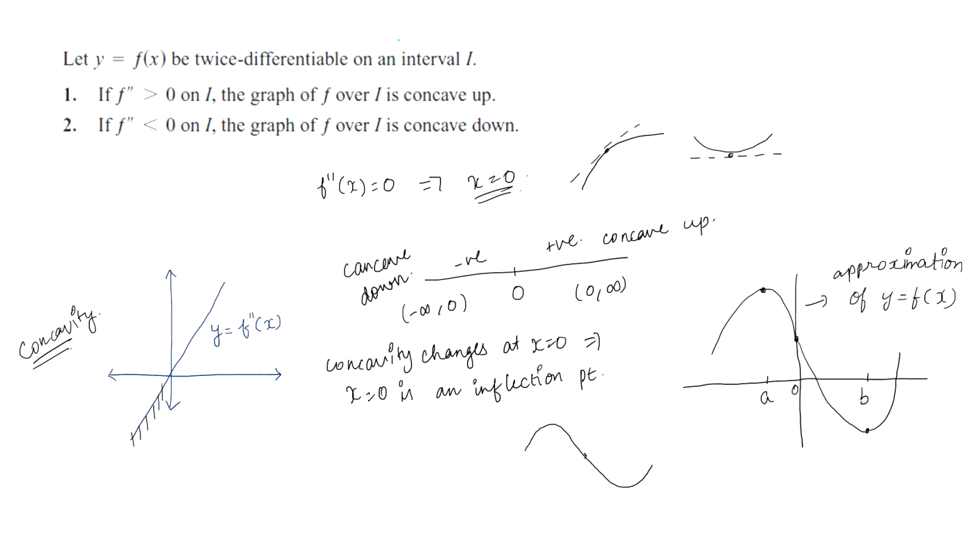If this is x equals 0, this will be our point P, this will be the local maximum, this will be the local minimum. The y at this point can be positive or negative, but the graph will be something like this. This will be the shape of the graph. The position can move upwards or downwards. Okay, so this is how we approximate the graphs. Thank you.